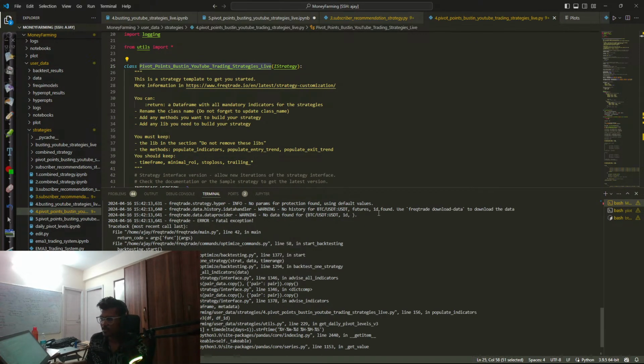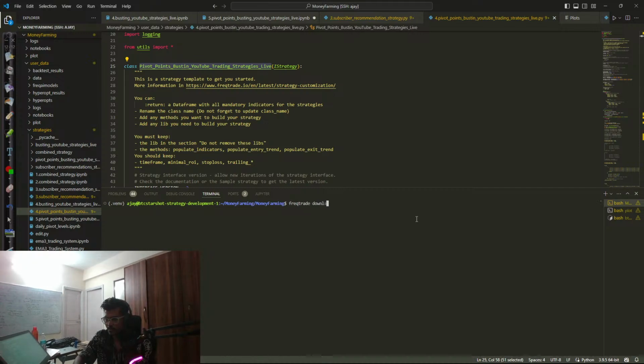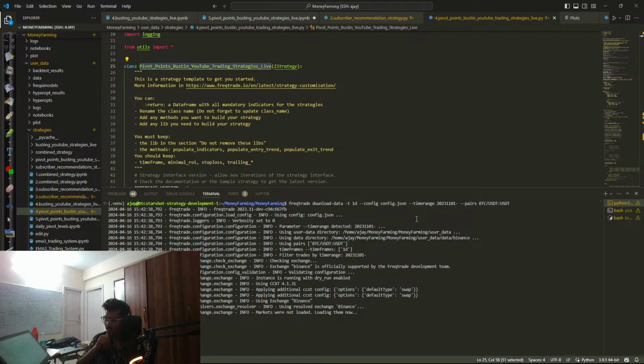So what's the error here? Yeah, we don't have 1 day data, so let me download the data. So I'm downloading the daily data for Bitcoin. Yeah, exchange is Binance.